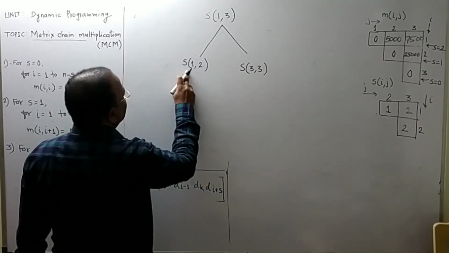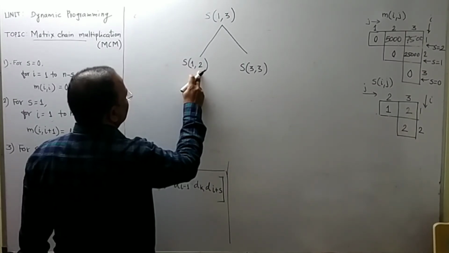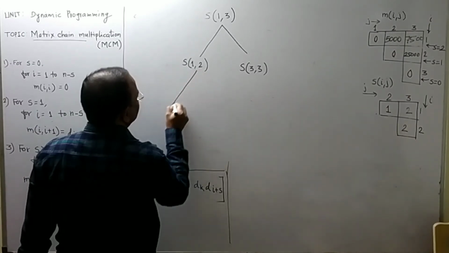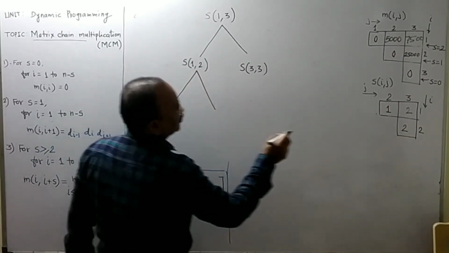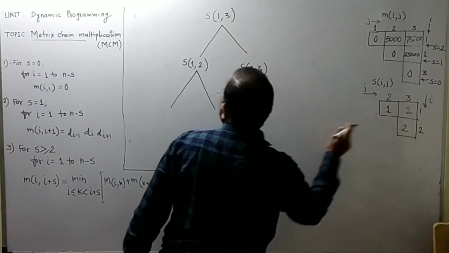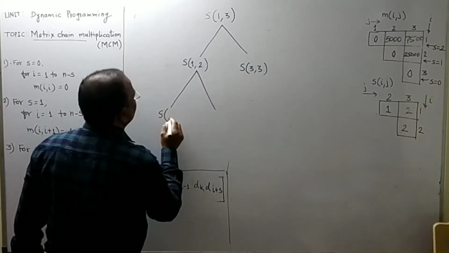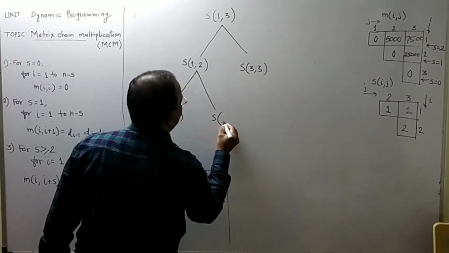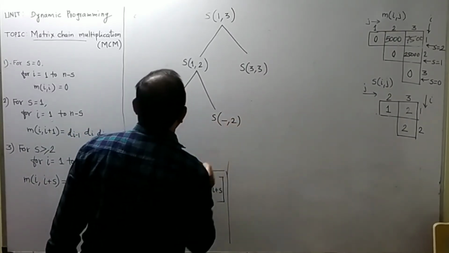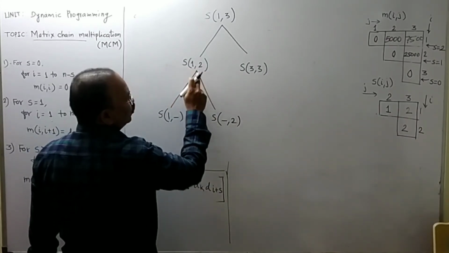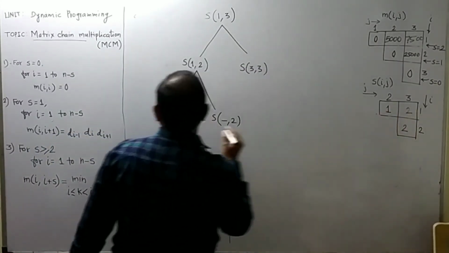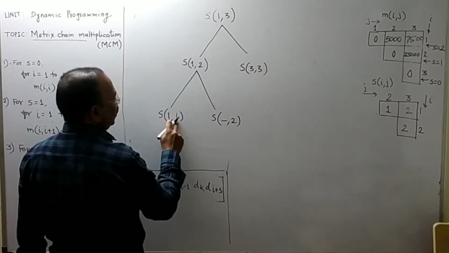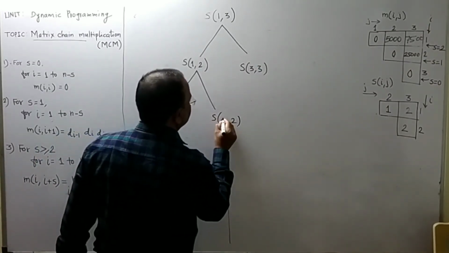Then again S of 1 2 can grow with a left and right child. For 1 2 we have the cell here: S of 1 comma dash, and S of dash comma 2. At S of 1 2 we have 1, so write 1 here and add 1 to this to get 2 here.